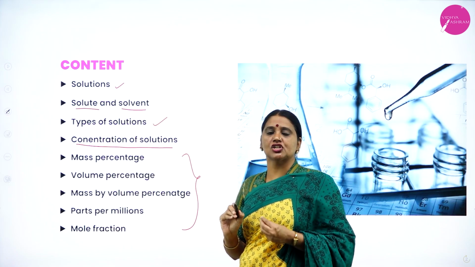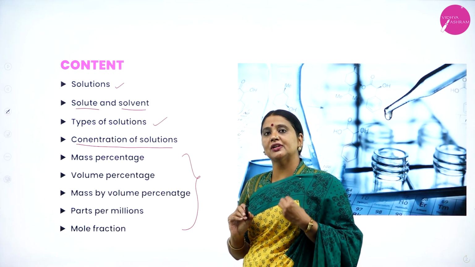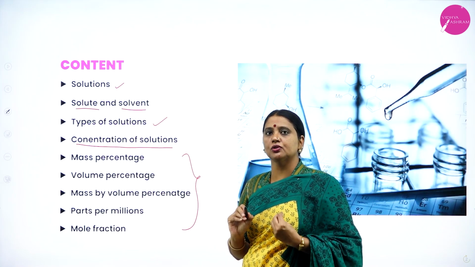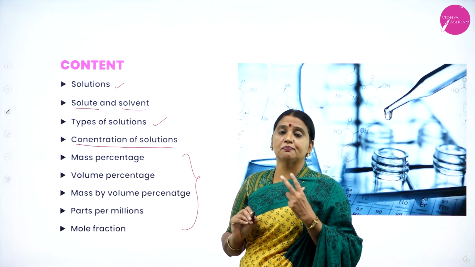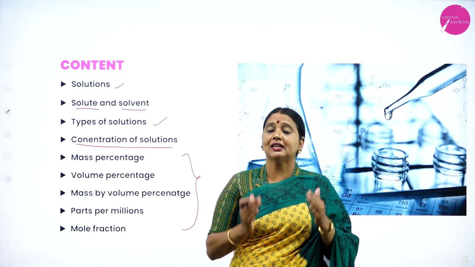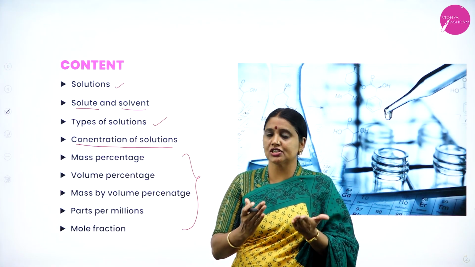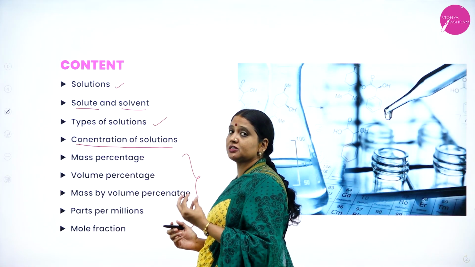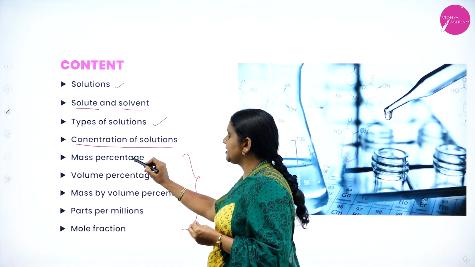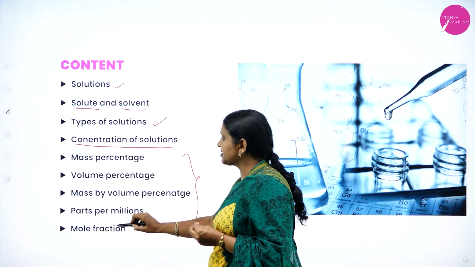So, in this session, I am going to give the definition of solutions as well as the classification of solutions. The two important components of a solution are solute and solvent. I'll give the definition for concentration, and concentration is expressed by using different units. In this class, I am going to explain the 5 units of concentration.